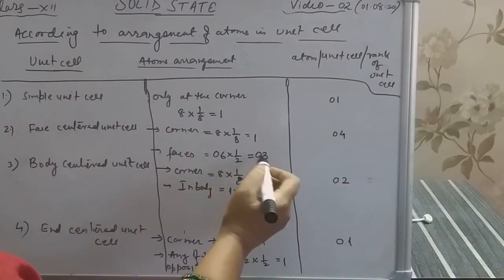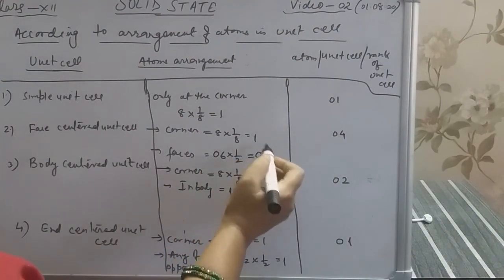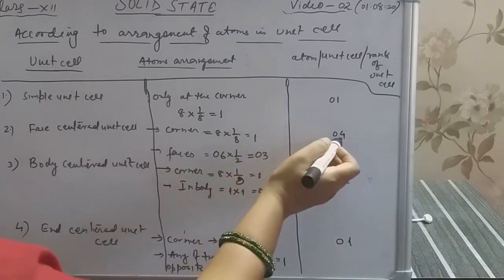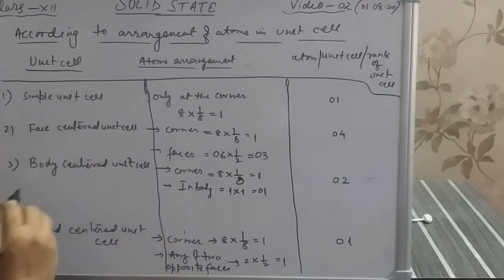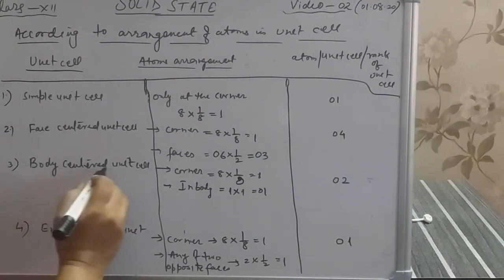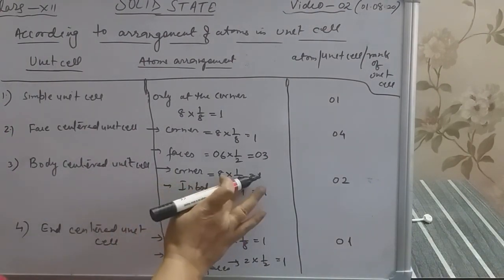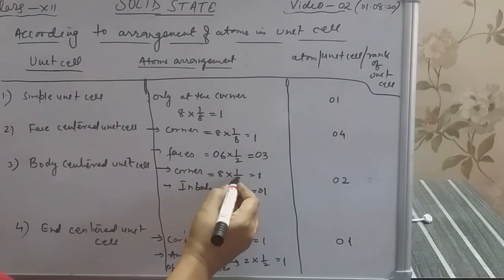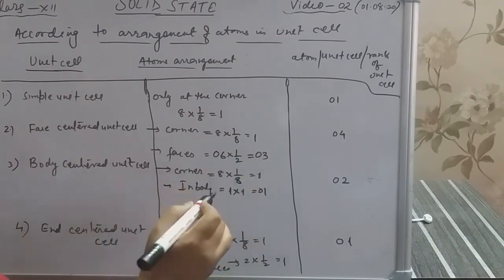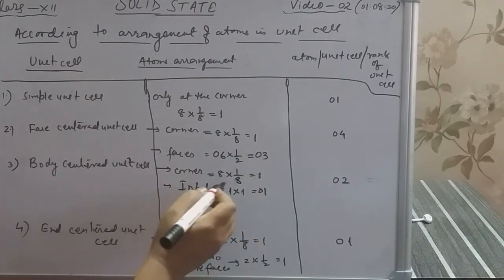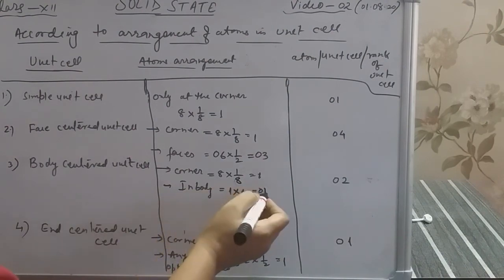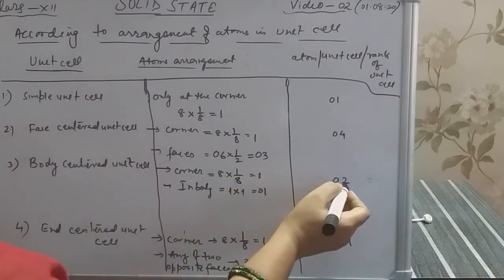So the total number of atoms present in the faces is 3, and at the corner 1. So a total of 4 atoms are present in FCC. In BCC, the body centered unit cell, atoms are present at the corner, and the contribution of the corner is 1 by 8, so it comes to 1 atom, and in the body only 1 atom is present, so the total number of atoms present in BCC is 2.